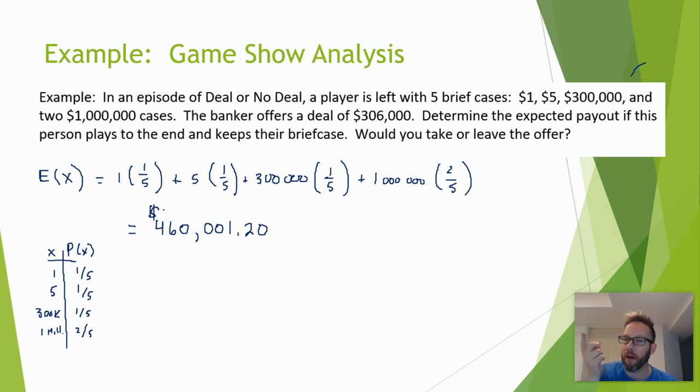Sometimes, 2 out of 5 times, they'd win the million, but then 2 out of 5 times they'd also win basically nothing, $1 and $5. So technically, we can expect to win more than the banker offers, but it's not so easy if you're in the hot seat to say whether you take 306 or risk it and try to go for the 1 million or 300,000.